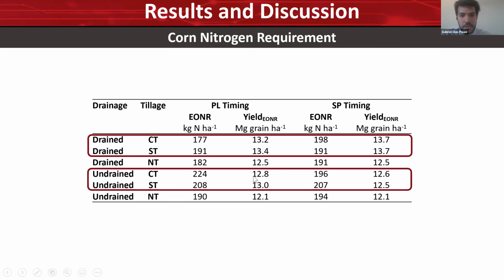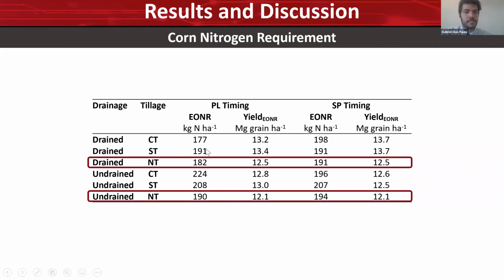For undrained conditions, they also produced similar grain yields, but there were a little bit more differences in the nitrogen requirement, or in the UNR, when we looked at the different years. So there was no consistent trend for them being very similar during every growing season, whereas for drained soils, they were consistently very similar.